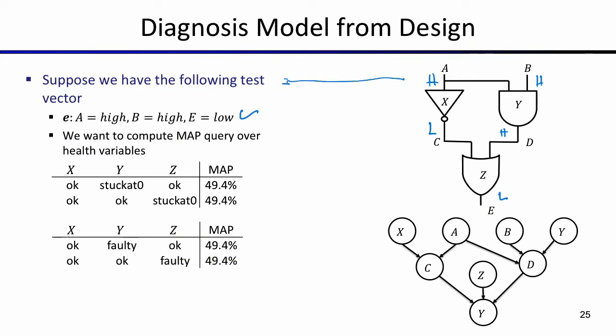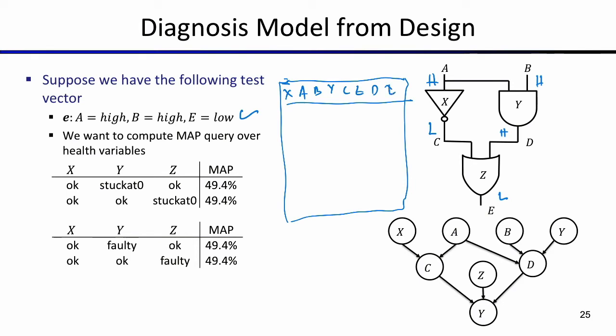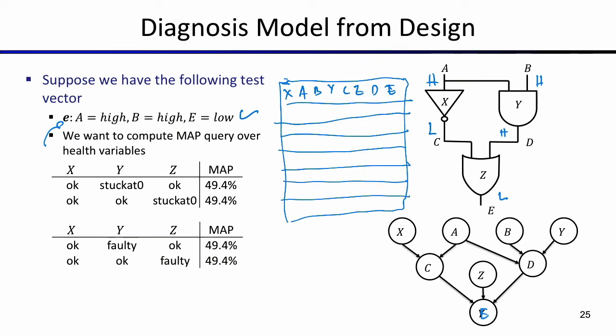Imagine that we compute the joint probability table for all possible variables. So here we're going to have all variables: X and A and B and Y and C and Z and D and E. Imagine that we have one row for each possible combination of these variables' values, and we also have the probability associated with that.